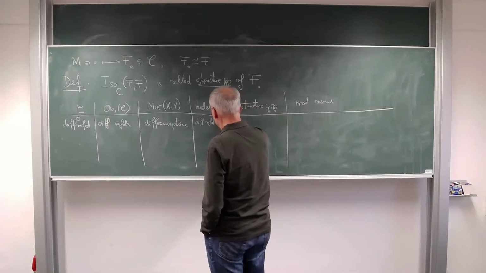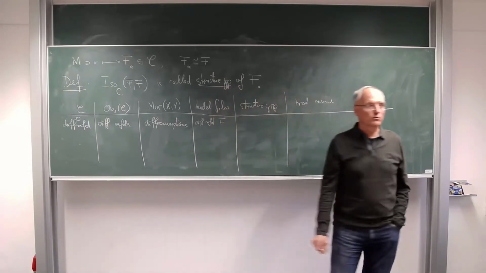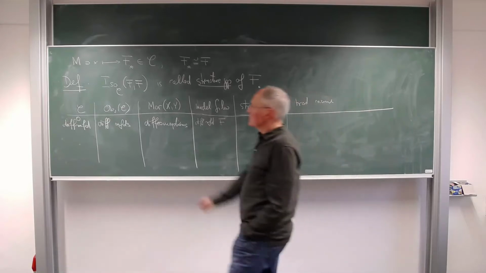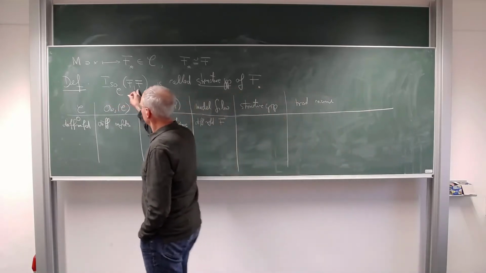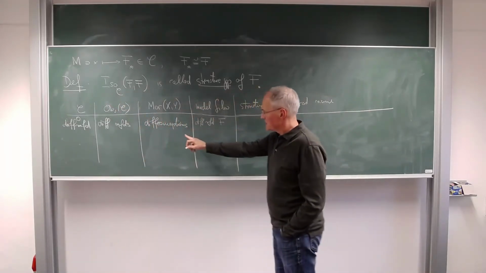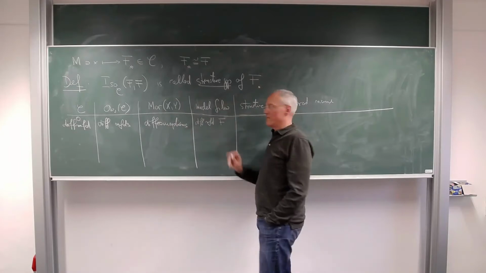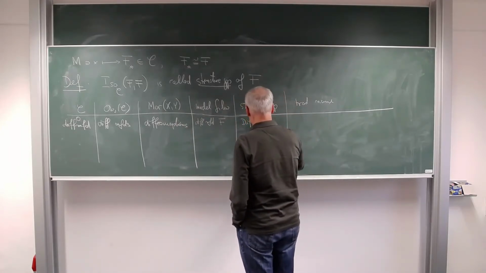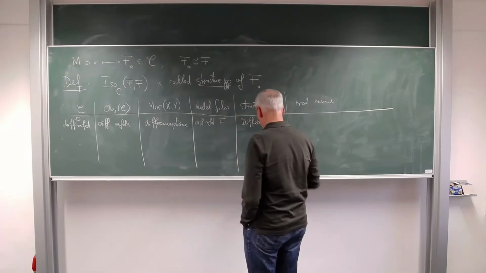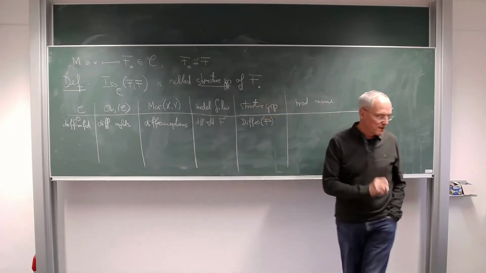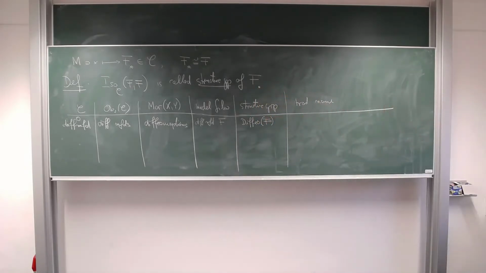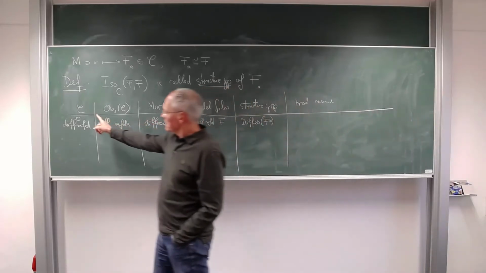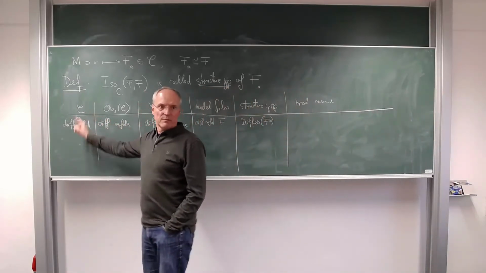Let me call it F. Now what's the structure group? The structure group is the set of isomorphisms of the model fiber. So that means it's the set of diffeomorphisms of F, right? The diffeomorphism group of my manifold F. In this case, it's an infinite dimensional group. And the traditional name of such a bundle is just fiber bundle.